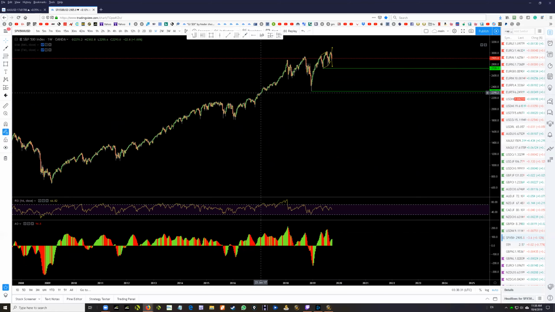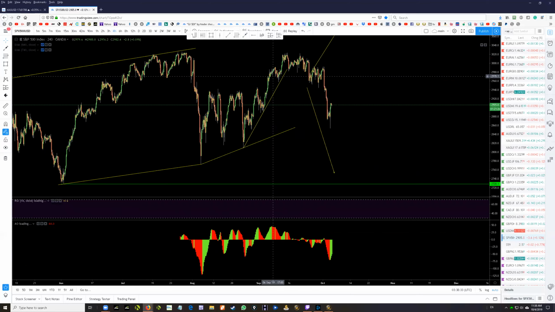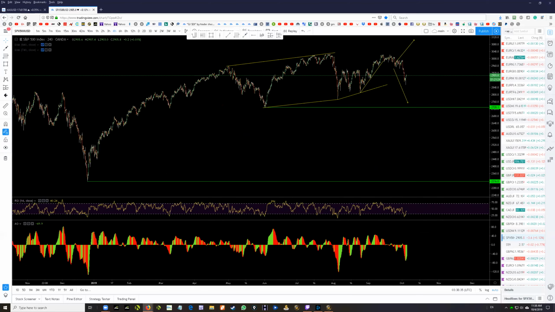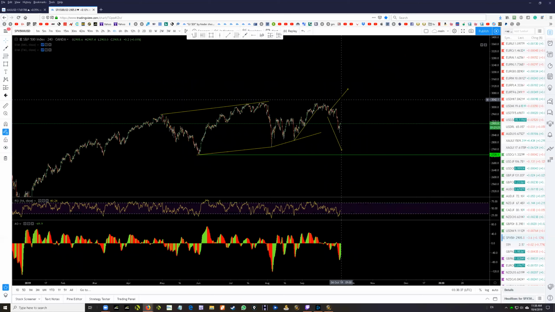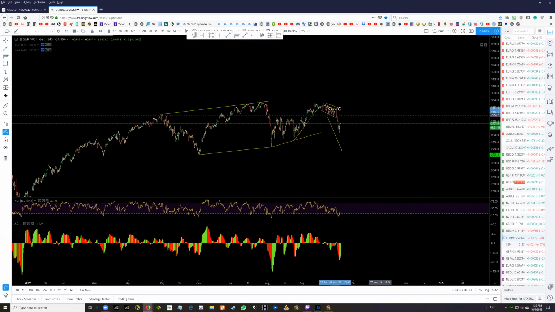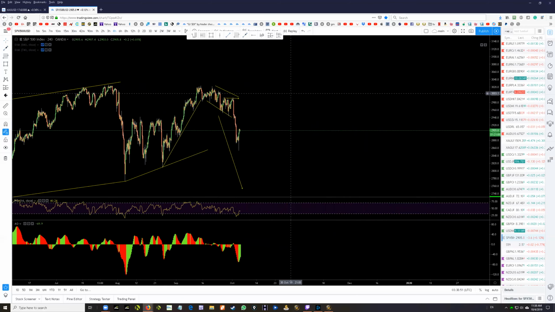S&P is this one. It's coming down. There was always this danger that this one could have gone up. It didn't do that, but this was not always going to be easy, because at any point it could have broken this top here.